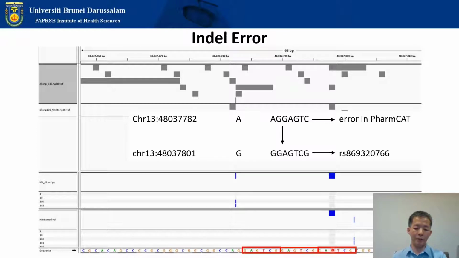Now there's nothing wrong with this. The insertion is really quite true, that it can be GGA-GTC, GGA-GTC, and GGA-GTC. So basically it's a tandem repeat of 3 units here.